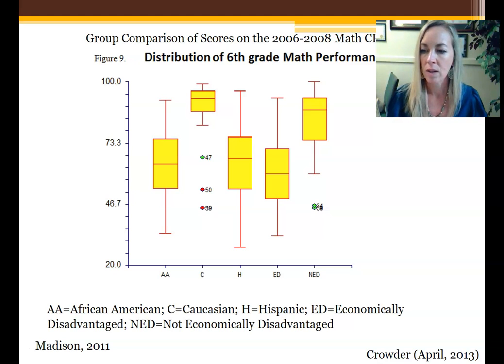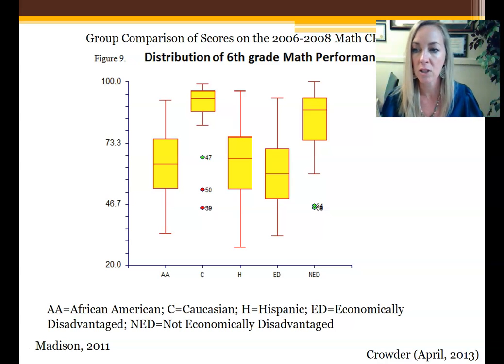Well, we can see that students who are Caucasian don't have a very big spread of scores, and they all score pretty much in this tight range, and it is at the high end of the scores of the other subgroups.